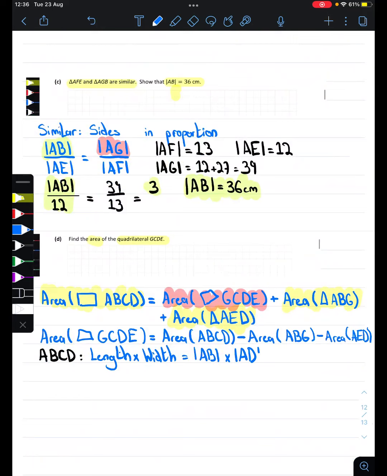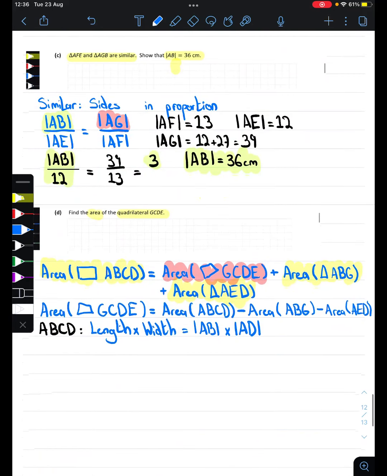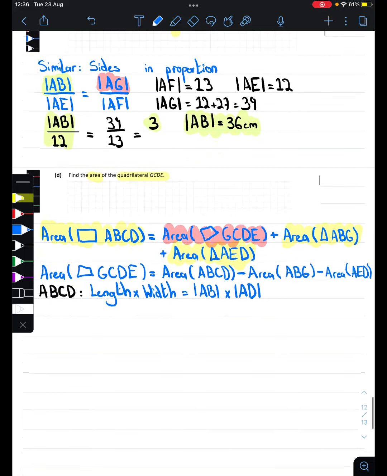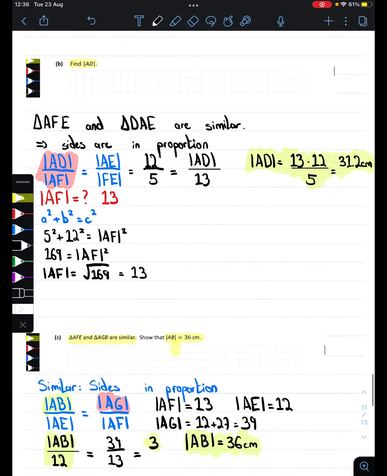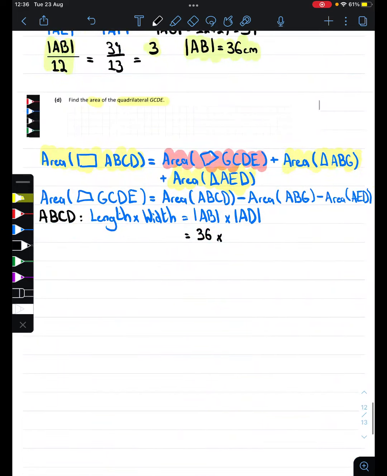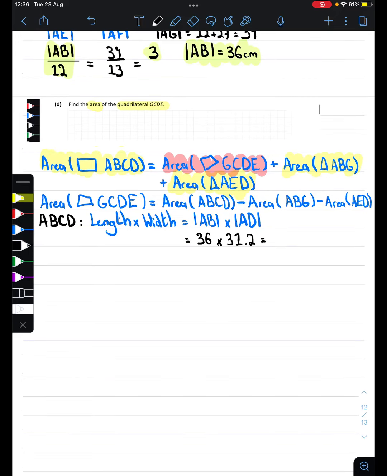And we already have these two lengths. This is just AB equals 36 by AD, which is 31.2. So the area of ABCD is 1123.2.